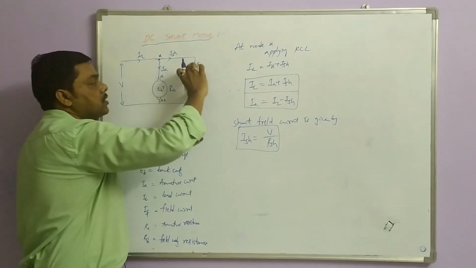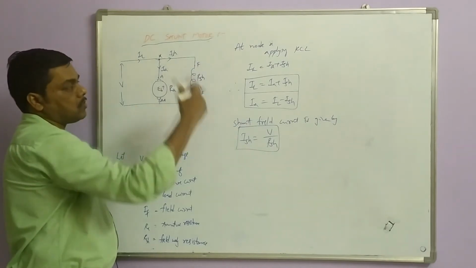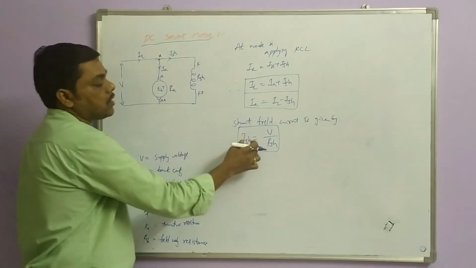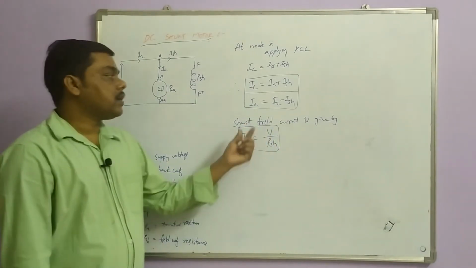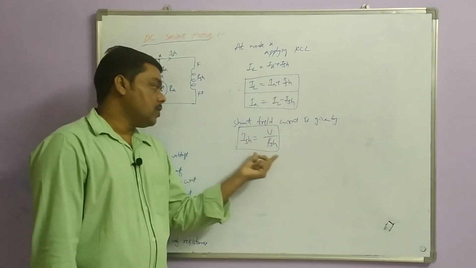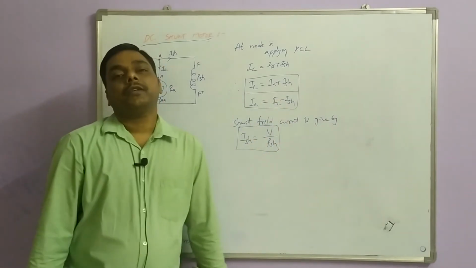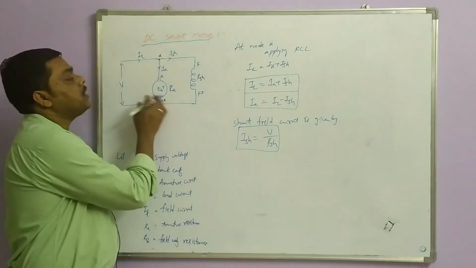Now voltage across the shunt field winding is V, resistance is RSH. Now as per Ohm's law, V is equal to IR, so ISH is equal to V by RSH. Now we will calculate the armature current, since load current and shunt field current are available, we will get the armature current. Now what is the back EMF and voltage relations?